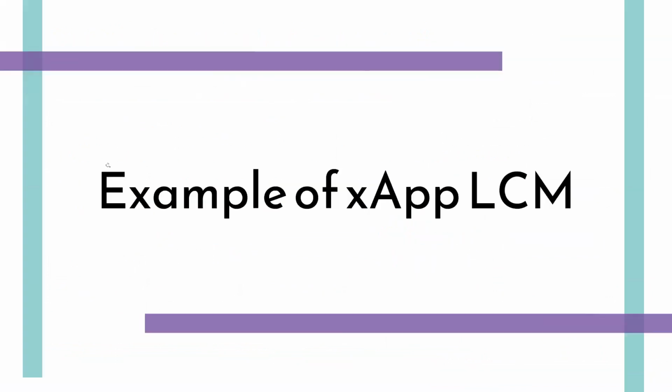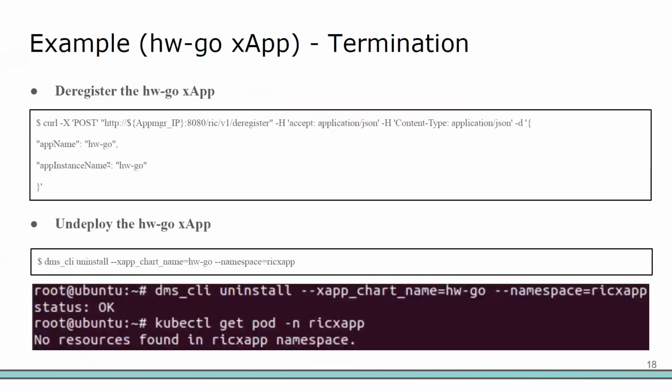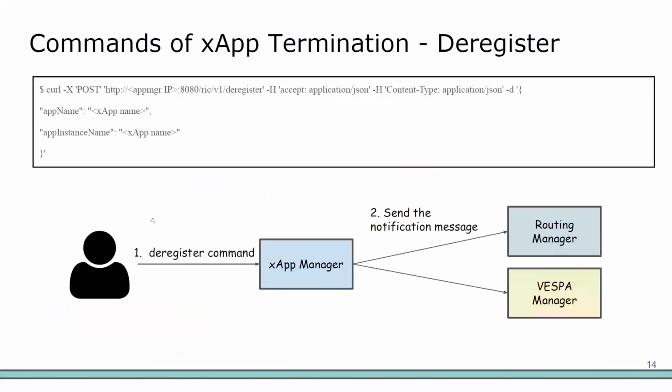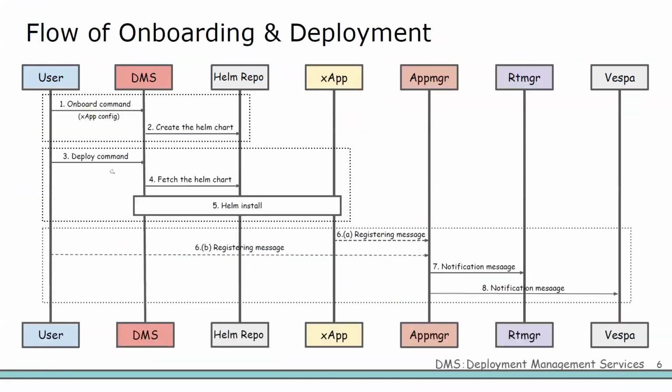Yes, next one, you have this example. So you show us how to do this example for Hello World Go, and use it to show us how everything works using the message sequence chart. You can tell us where is Hello World Go and which step is corresponding to what.